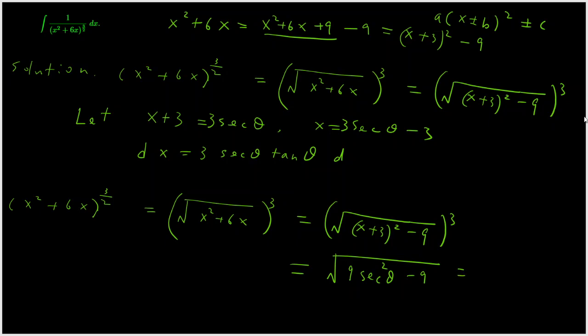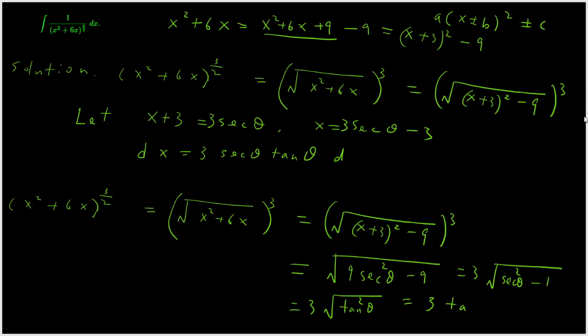And then you take 9 out of the radical. You have 3 square root of secant of theta squared minus 1. The trig identity you need to use is secant of theta the whole thing squared minus 1 is tan of theta squared, right? So you have tan of theta the whole thing squared.